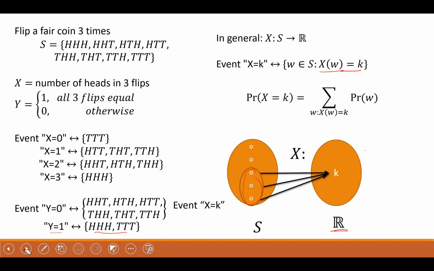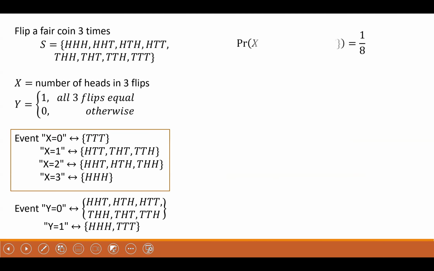Like any event, if I want the probability that x equals k, I look at all of the outcomes that are in this event, and I sum their probabilities. Again, exactly like every other event that we've looked at. So my probability that x equals 0 is equal to the probability that I get 3 tails, right?